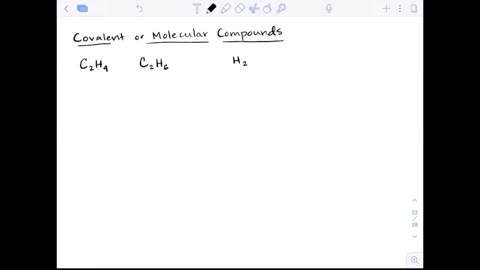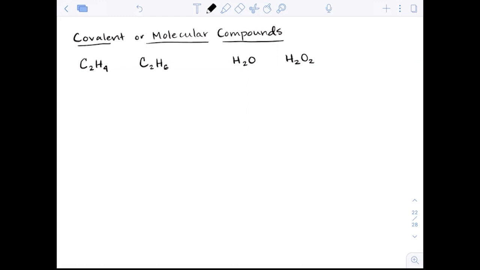Same thing with hydrogen and oxygen. Molecular compounds, molecules, things that share electrons, can share in a variety of ways. And so there isn't a formula unit, rather there is a molecular formula. It's an actual ratio of atoms.